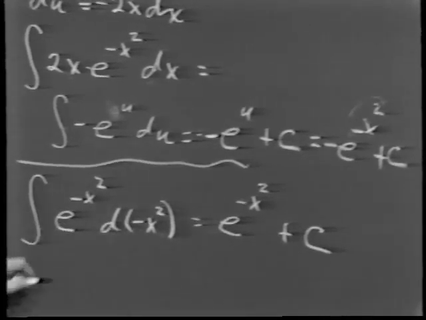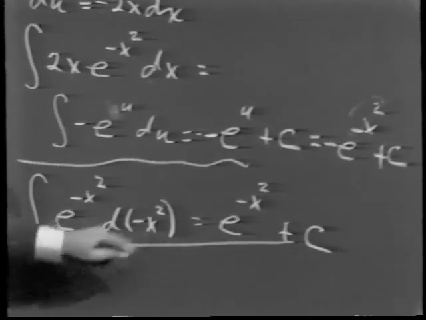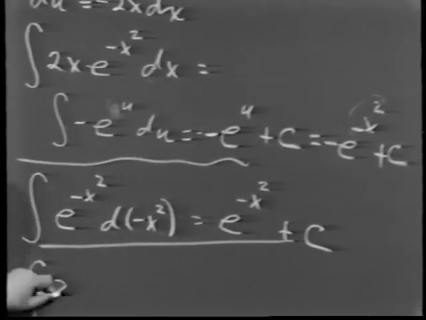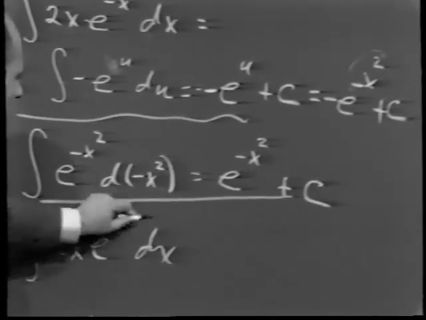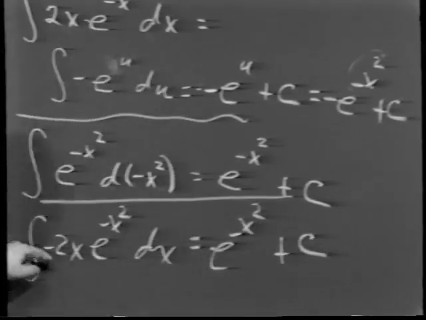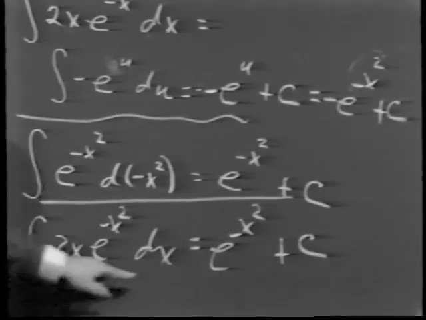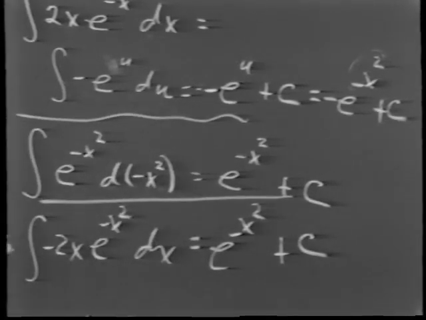And you see now, in the next step, since this is a true statement, the differential of minus x squared is minus 2x dx. And now you see, factoring out the minus sign and multiplying through by minus 1, we arrive at the same result that we wound up with before.